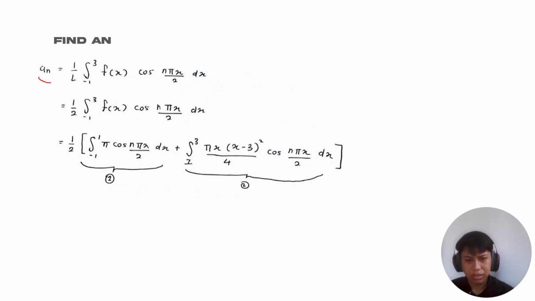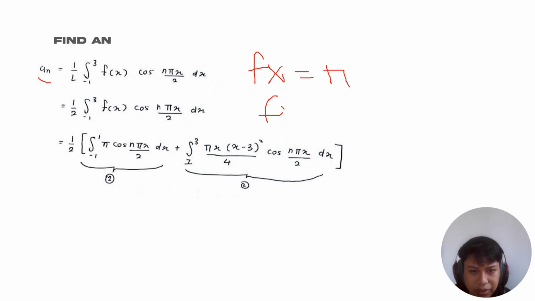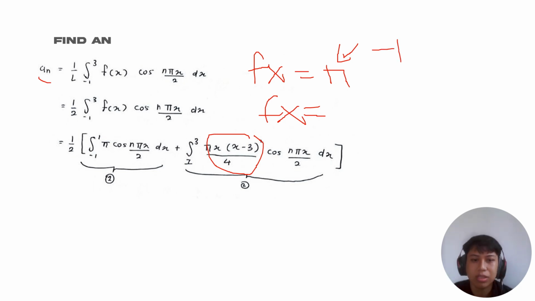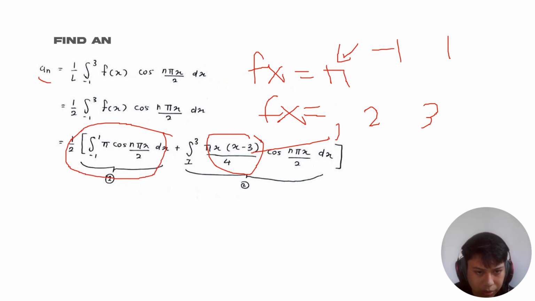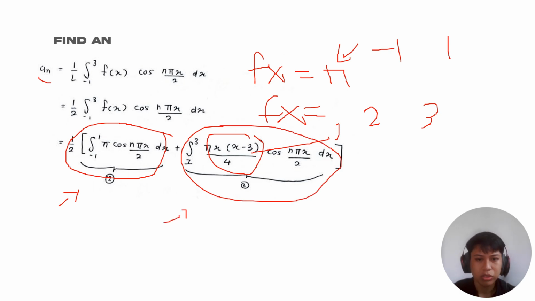As you can remember, we got two fx, which is fx equal to pi and fx equal to this. But for this function, the limit is -1 until 1, and for this, 2 until 3. So we separate them like this. This is broken into one section, and this we separate into one section so that we can integrate them more efficiently.